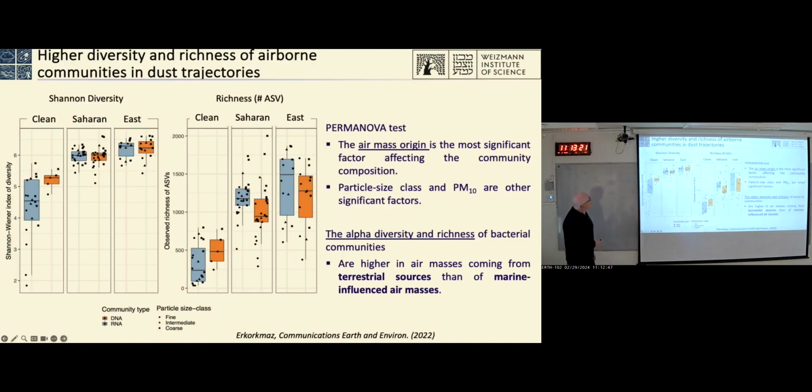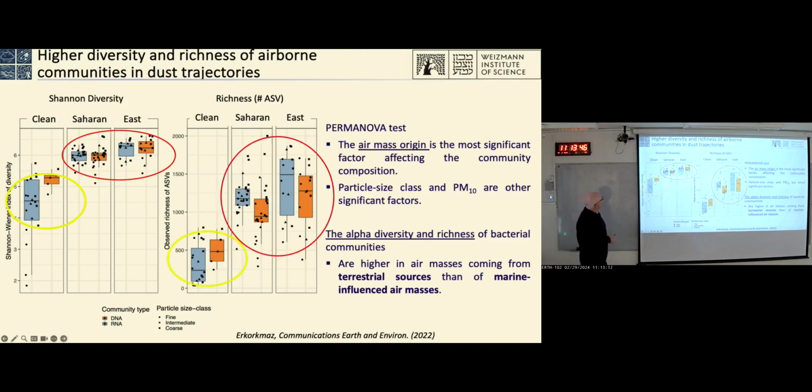So let us look at the diversity and richness. How many types of species do we have in the dust? And what you can see here, when you compare both, the yellow is the DNA, and the RNA is the blue. And you can look at the diversity and richness between what we call clean conditions.